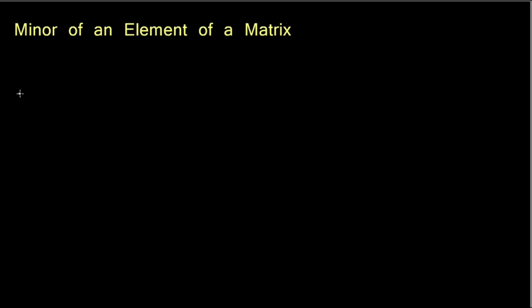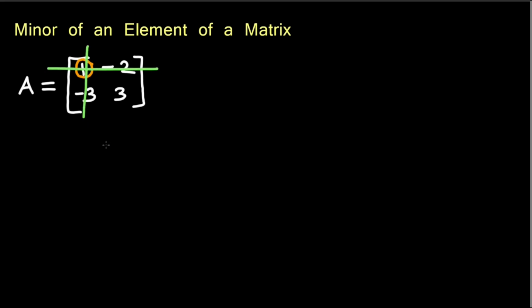Minor of an element of a matrix. Consider a matrix A equals [1 -2; -3 3]. We have to find the minor of every element of this matrix A. Suppose we want to find the minor of the first element of the matrix. So we will hide the first row and first column, and what remains will be the minor of element 1, which is 3.